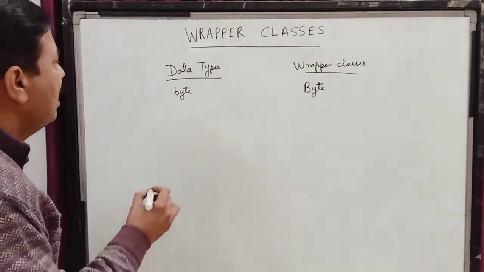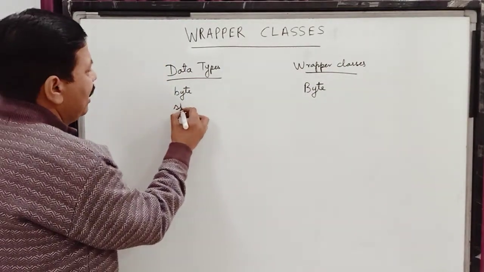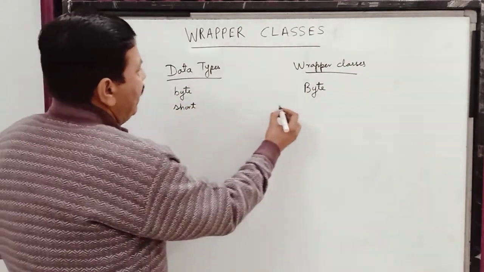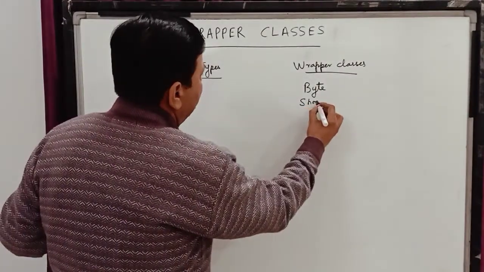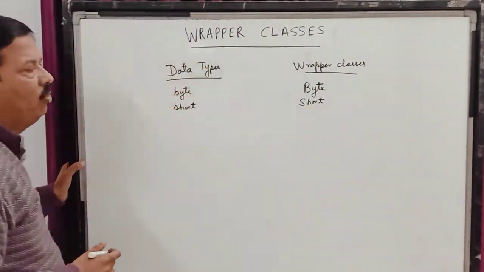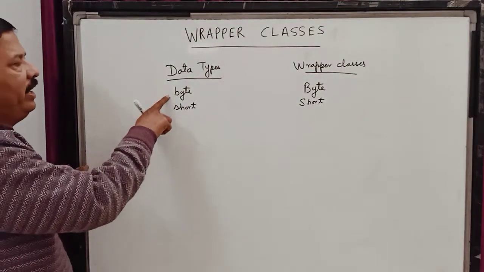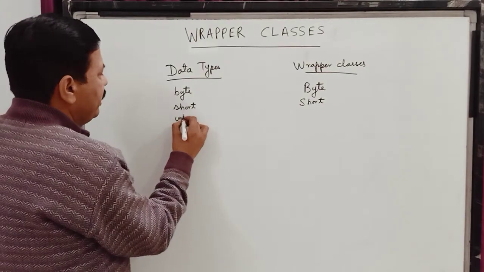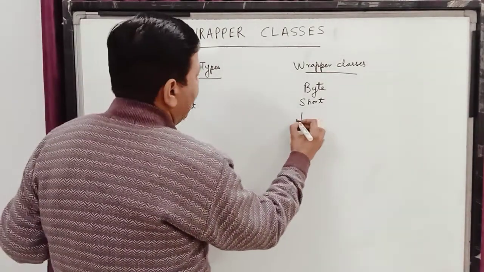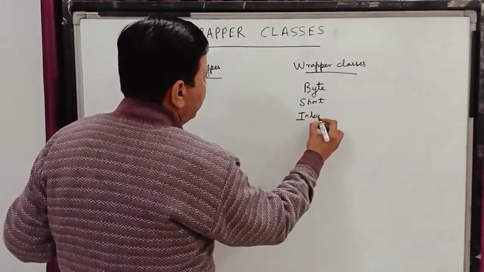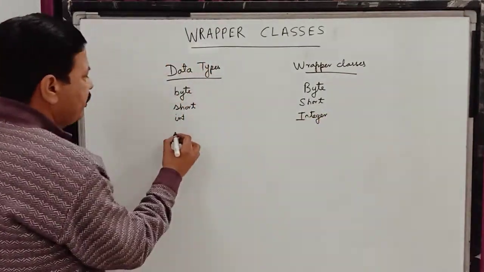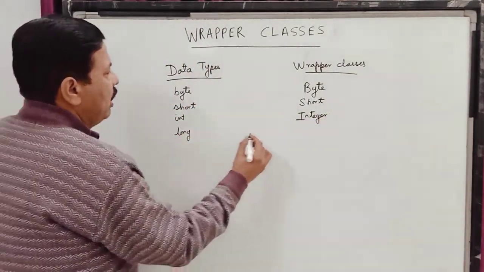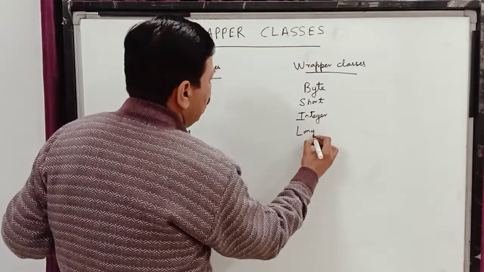I'll show you. The next data type is short, and its wrapper class is Short, written with a capital S. So this is the data type I am writing, and this is the wrapper class. Then the next data type is int, and the wrapper class of this is Integer. Then the next data type is long, and the wrapper class is Long.